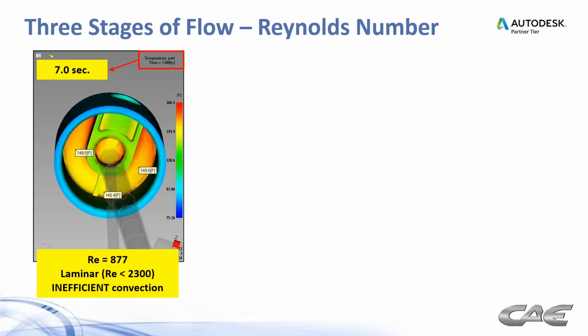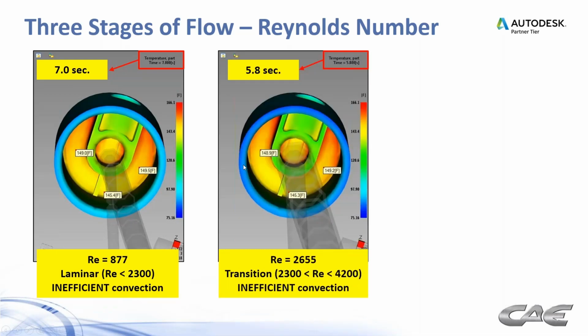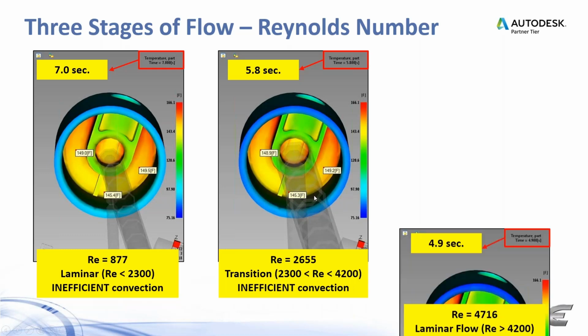So how does this impact cycle? In the laminar case, it took us 7 seconds to get to the temperatures we wanted. When we match those temperatures with a condition where we're in the transition region between laminar and turbulent, we dropped that down to 5.8 seconds. Nice gain.